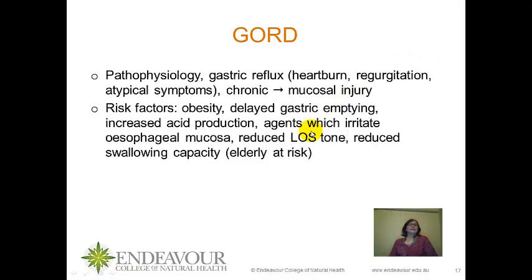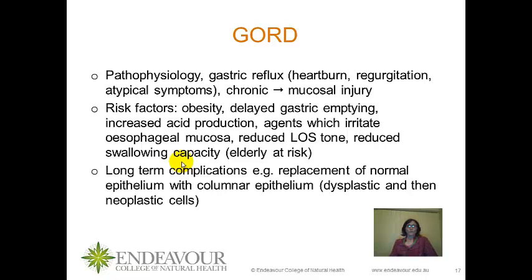This can also then lead to delayed gastric emptying. Then there are various conditions that will lead to increased acid production. There are certain agents that will directly irritate the esophageal mucosa, and even in just the elderly with their reduced swallowing capacity will have a lower esophageal sphincter tone and might be a greater risk of GORD.